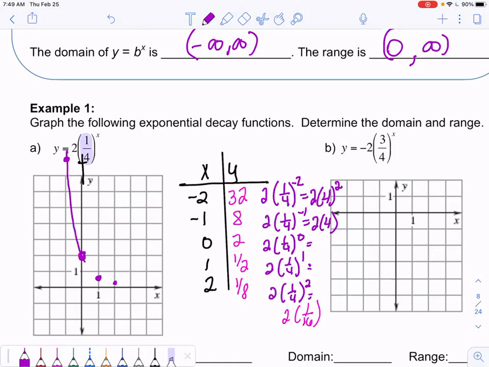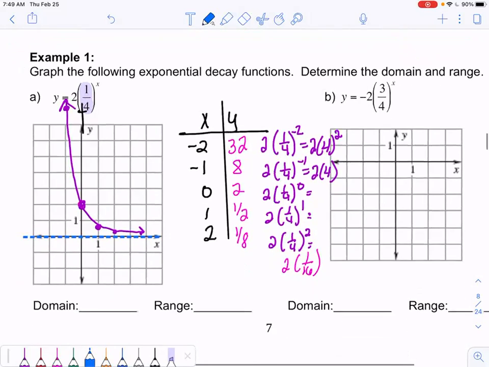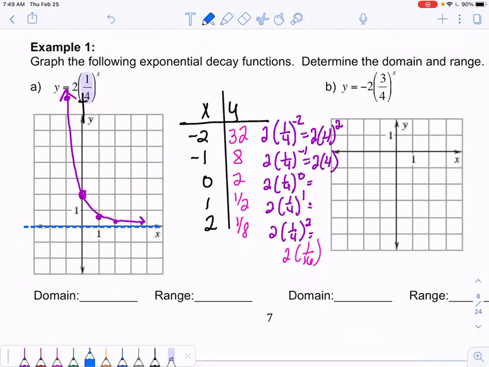So connect your points, make it level off horizontally. Make sure you extend it beyond those points a little bit, and then draw in that horizontal line. Mine wasn't so horizontal there. There we go. That asymptote line. So Grace, what would the domain of our graph be?